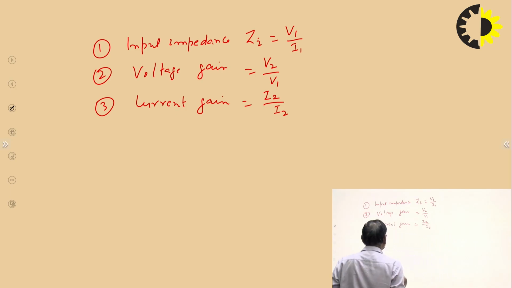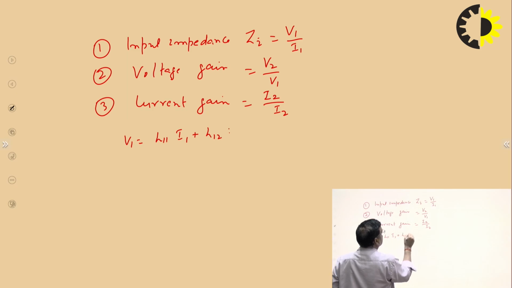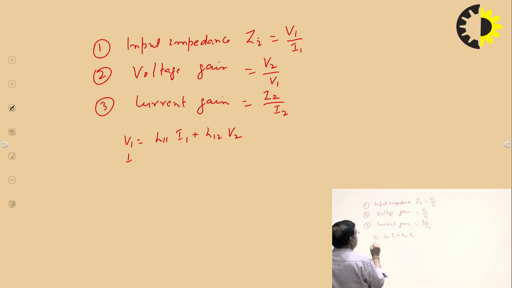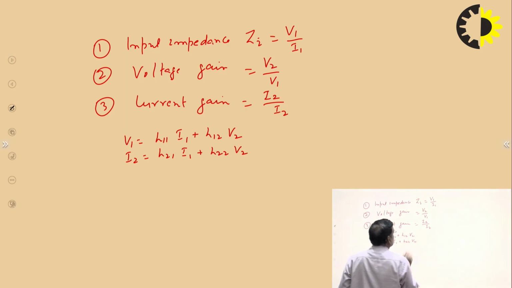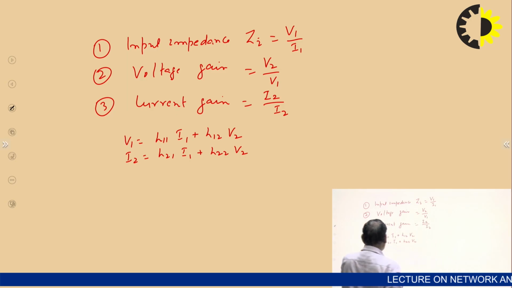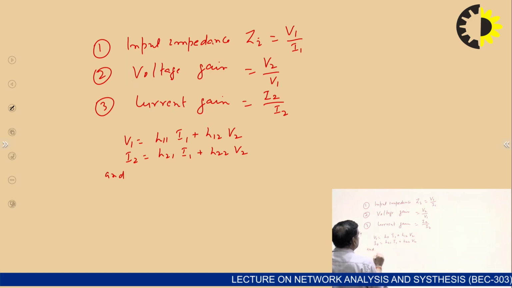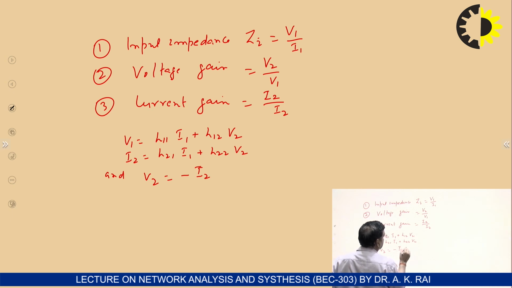So start with the equations. V1 is H11 I1 plus H12 V2, and I2 is H21 I1 plus H22 V2, and V2 is minus I2 ZL.